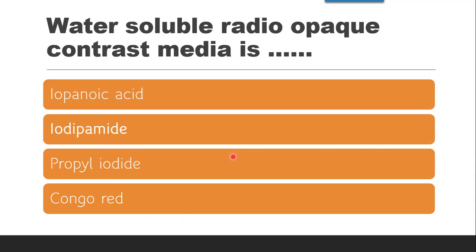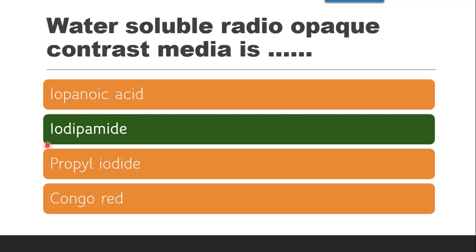Now iopanoic acid, propyl iodide, iodipamide, all are ROCMs only. The thing is that they are divided into water soluble and water insoluble. The correct answer, according to the classification, is iodipamide. And along with iodipamide, sodium iodohippurate also is used as a water soluble ROCM.